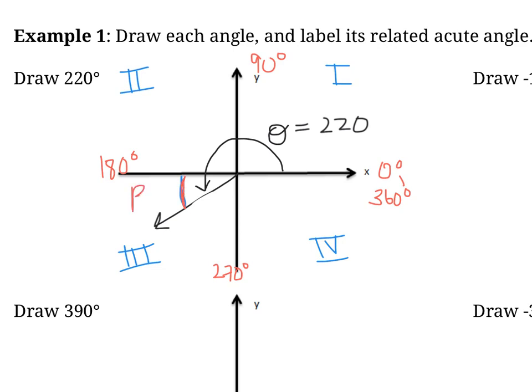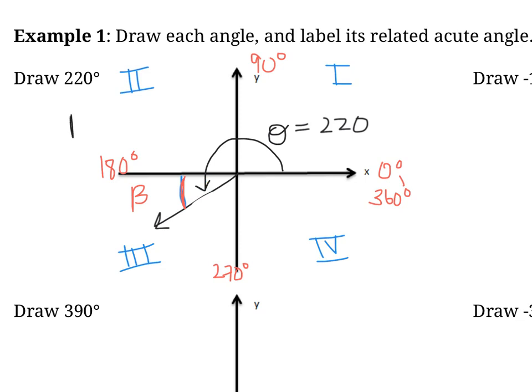This is our B. We have to figure out what this B is. So we know what this whole angle is. This whole angle is 220 degrees. What else do we know? How can we figure out just this guy, this little slice right here? Well, don't we know that from here to here is 180 degrees? So the leftover of 220, if we take away 180, we must be left with our little beta value.